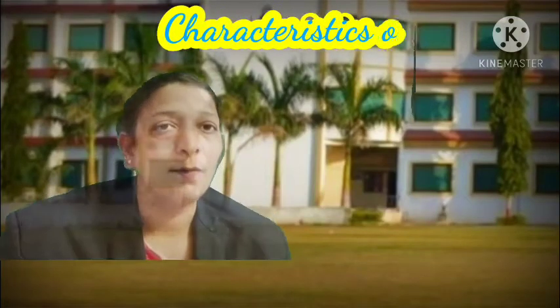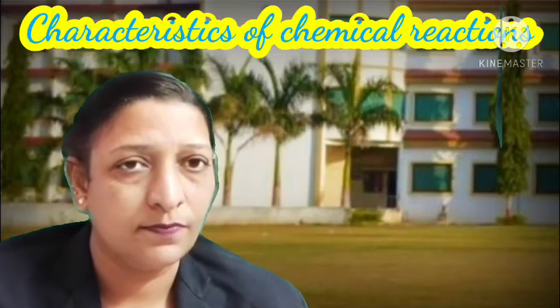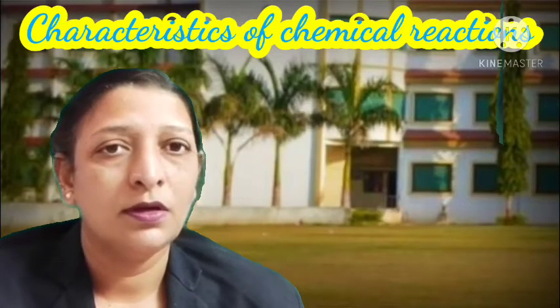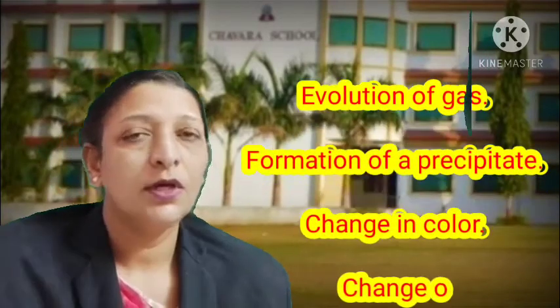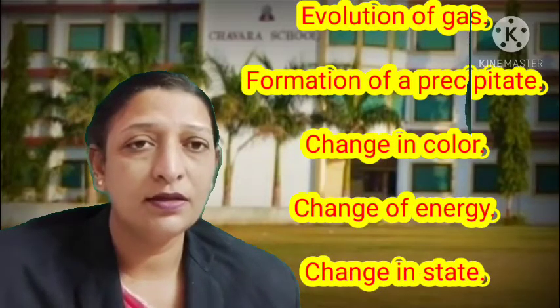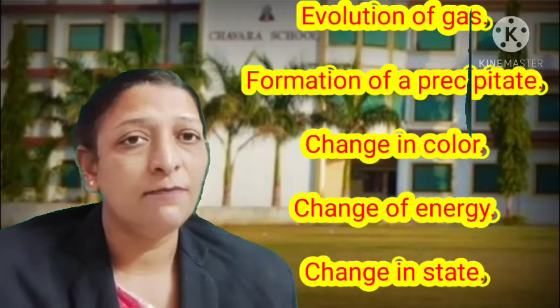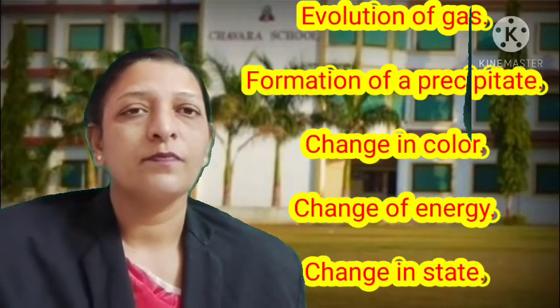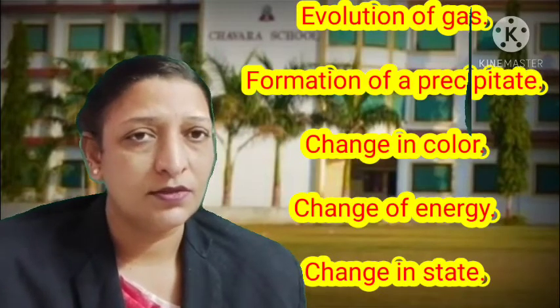Let us study some basic characteristics of chemical reactions. Here, the list of characteristics of chemical reactions is given. During a chemical reaction, heat may get evolved. During a chemical reaction, effervescence takes place, or the color of the reactants gets changed.